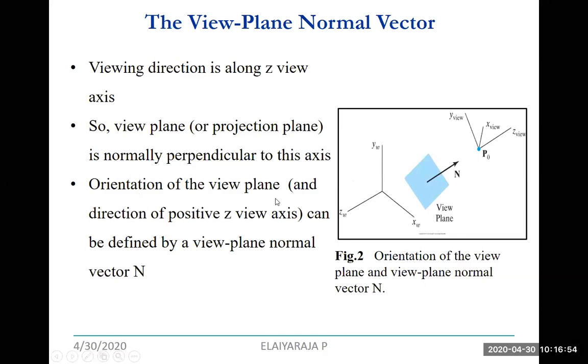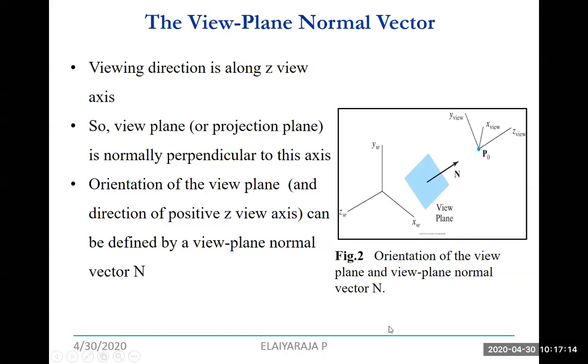The orientation of the view, which means the direction of the positive z view axis, can be defined by the view plane normal vector with respect to your y axis.